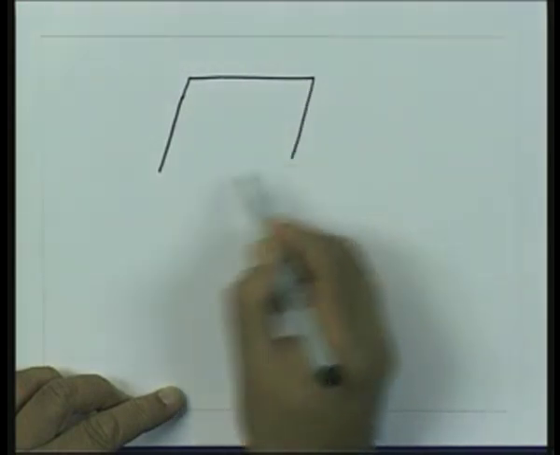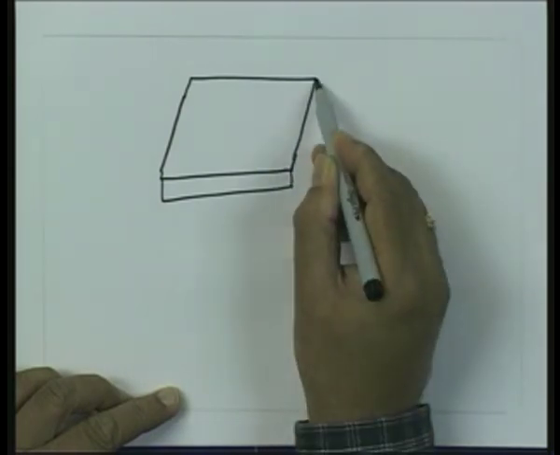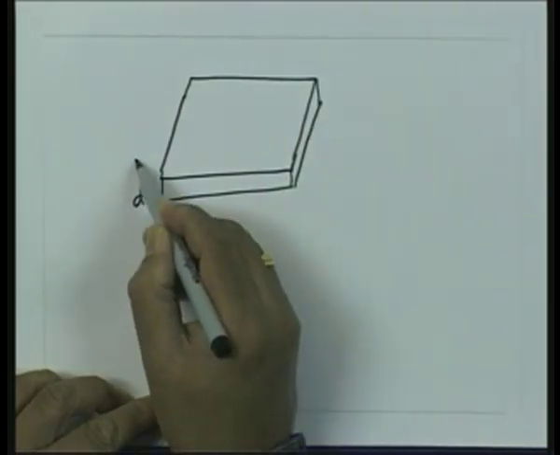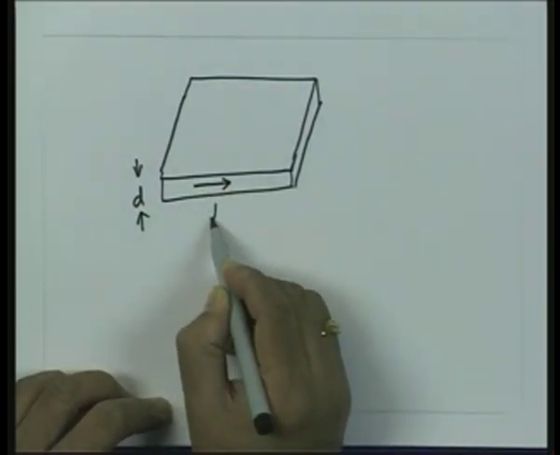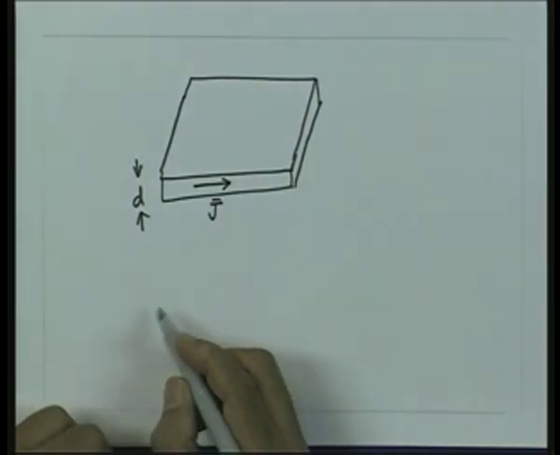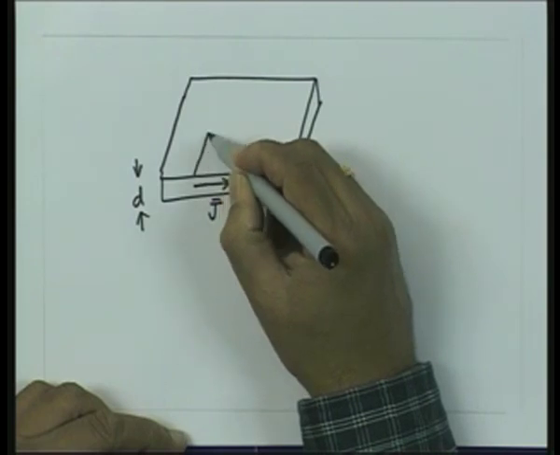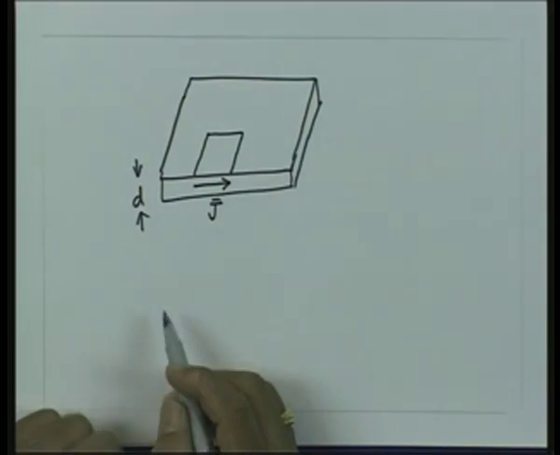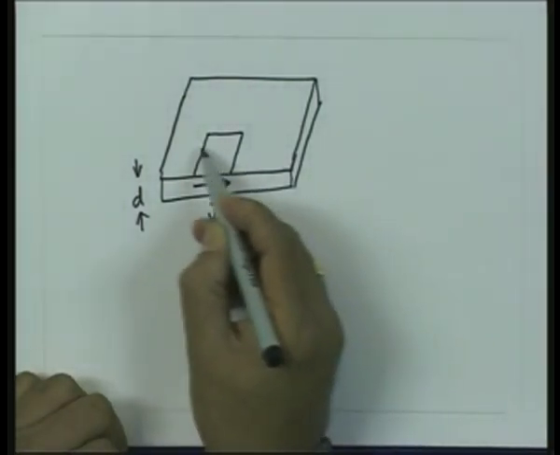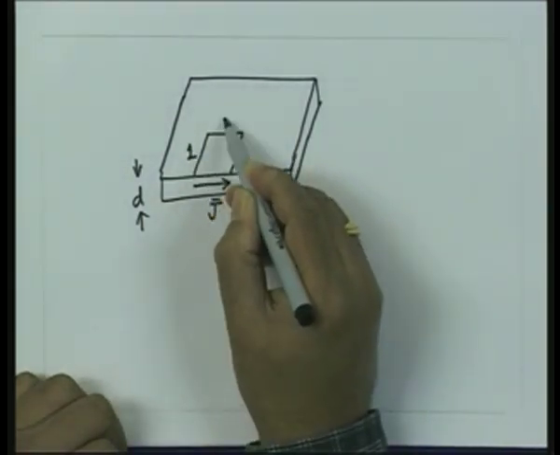So, let us say I have again this slab of thickness d, and let us say it is carrying a current density J. Let us consider the thing like this: this is unity, this is unity.